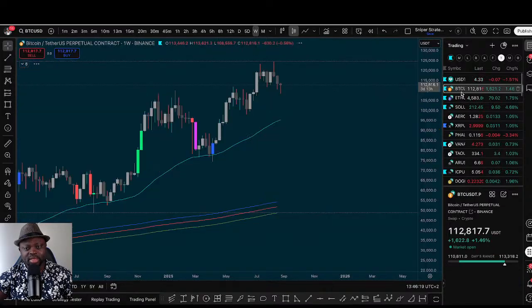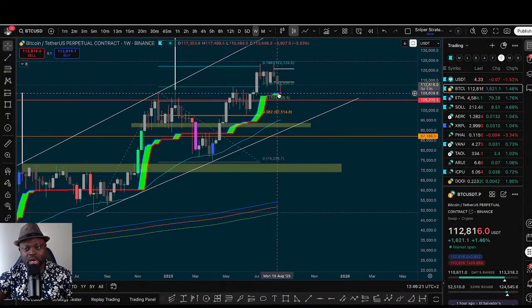It came right down to about $108,000. So dominance is directly correlated with Bitcoin. And when you know how to go about Bitcoin, then you know that Bitcoin moves the altcoin market.